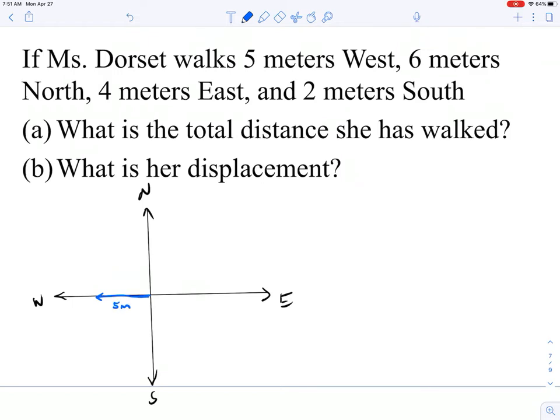Okay, so Ms. Dorset walks 5 meters west. Six meters north. Four meters east. And 2 meters south.